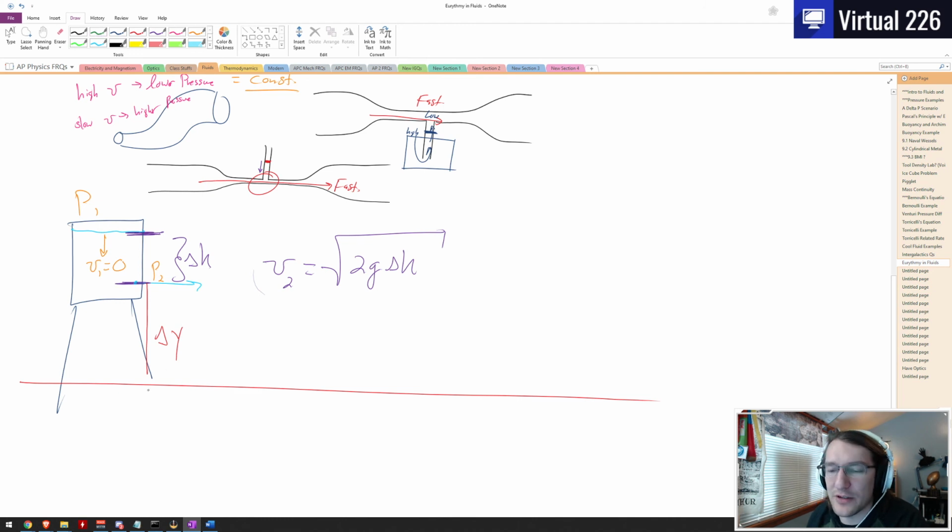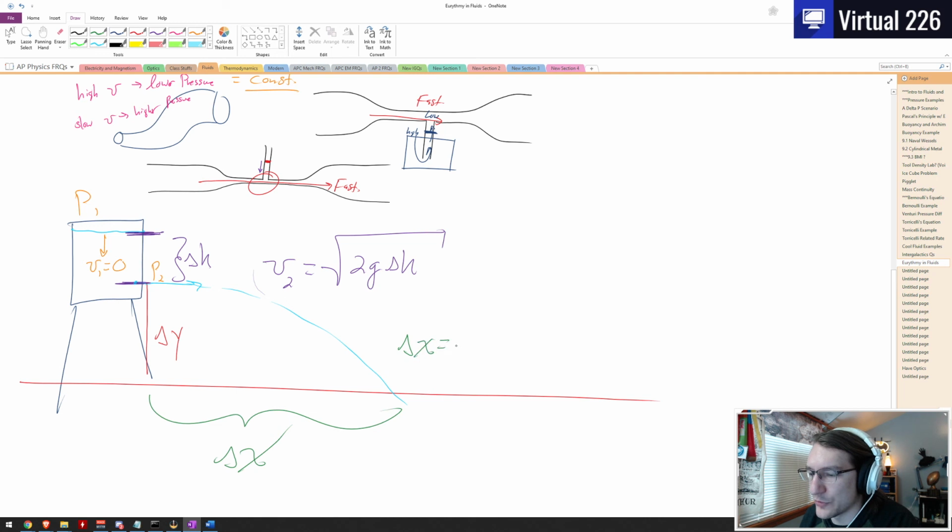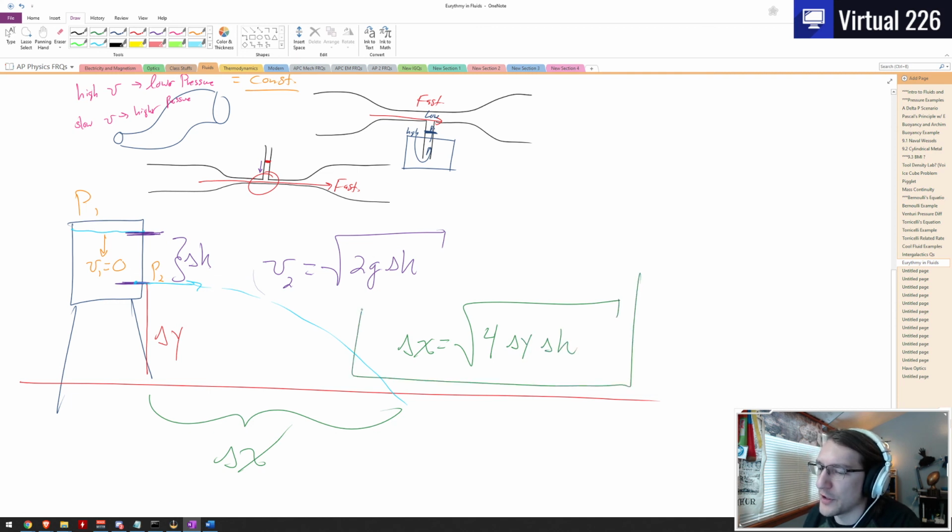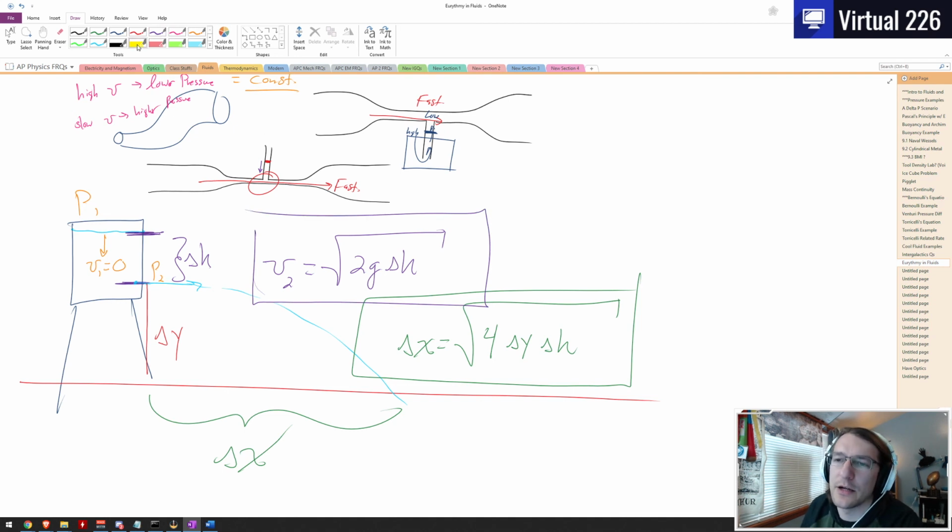We've actually shown in class a proof of this, but in general, if you're looking for delta X, for where the water actually struck, we saw that we could combine the kinematic equation and this velocity and state that delta X is equal to the square root of 4 times delta Y delta H. And the first student in our class to do that ever was Sir Jacob Metz. So we call it here the Metz equation, but really it's just a combination of kinematics and the Torricelli equation here. So we've got Torricelli, which is an important thing.